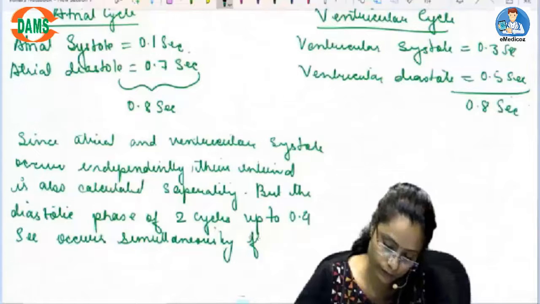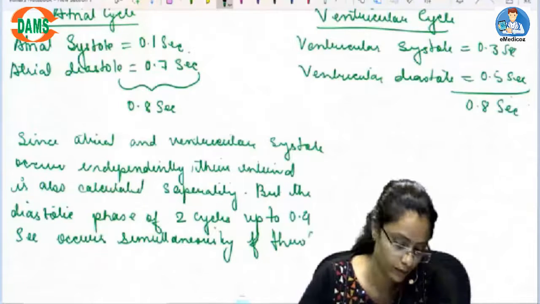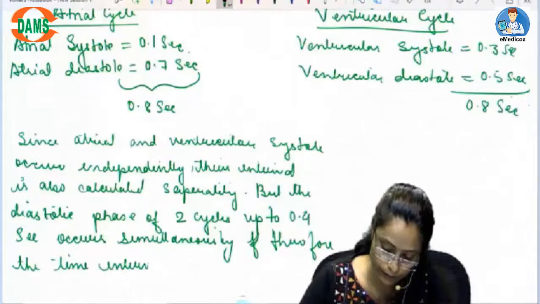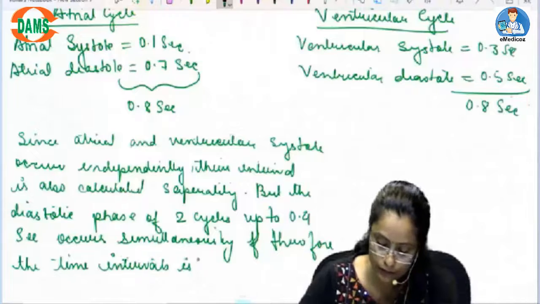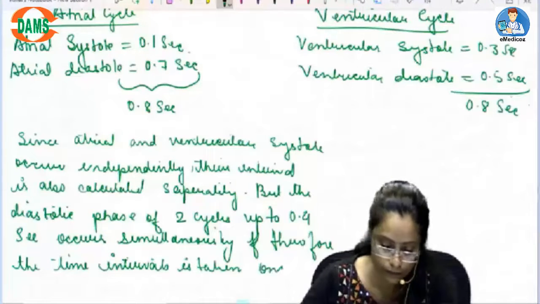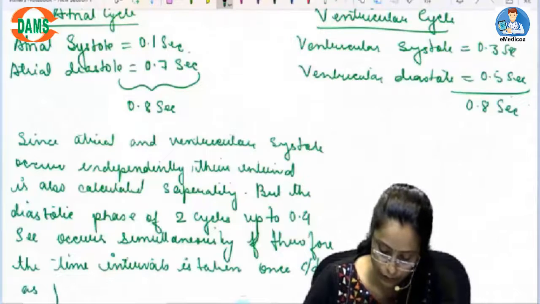Therefore, the time interval is taken once, called joint diastole.